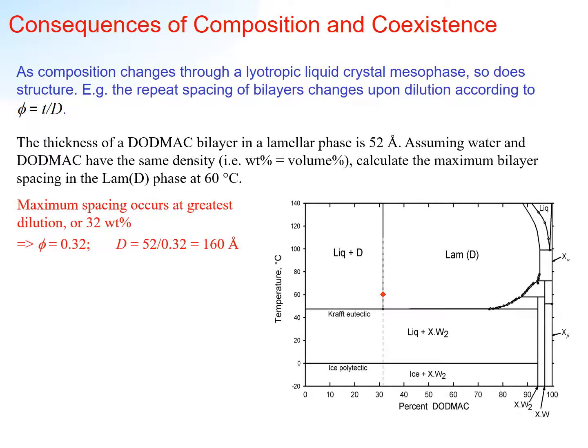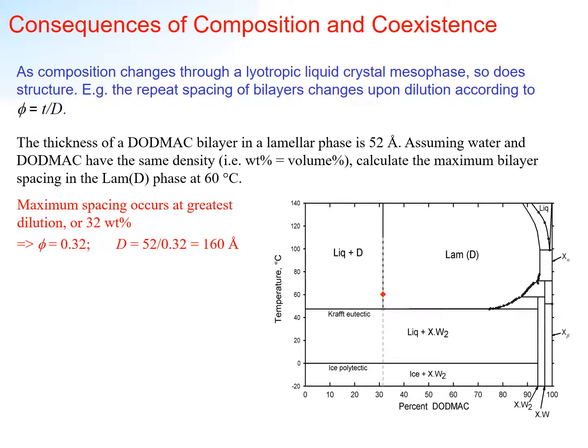Maximum spacing occurs at the highest possible dilution, and on this phase diagram that's close to 32 weight percent surfactant, or a volume fraction of 0.32. Then using our equation, making d the subject, the repeat spacing is 160 angstroms. So we could go ahead and calculate a peak position for a diffraction pattern, for example.